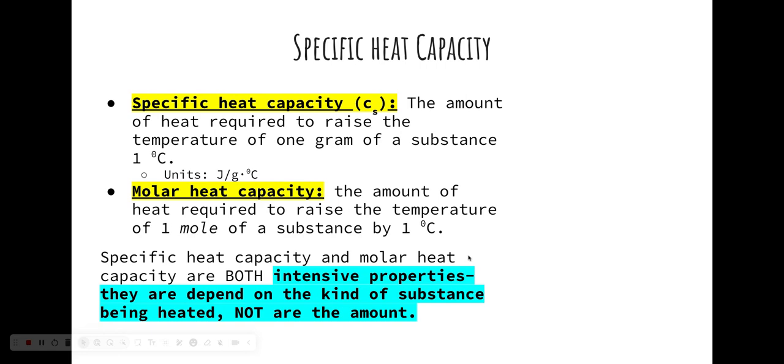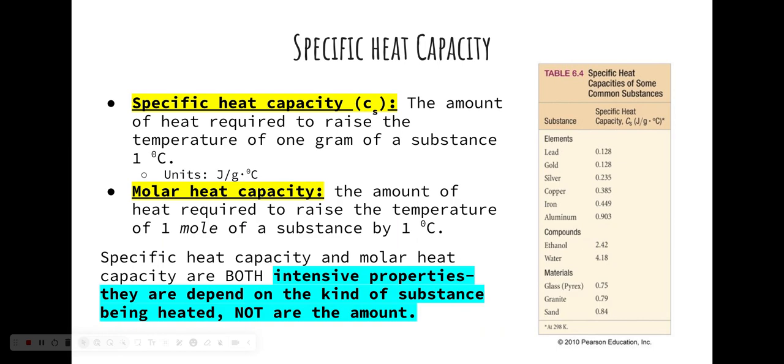Okay, so to really illustrate this point here, in table 6.4, we have the specific heat capacity of common substances. With the exception of lead and gold, you'll notice that every value in that table has a different heat capacity, whether we're talking about copper, 0.385, whether we're talking about water, 4.18, whether we're talking about granite, 0.79.